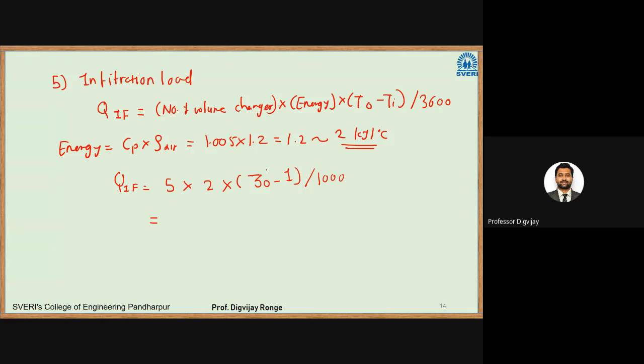So that will be 0.29. But one thing is remaining here. Yes, here we have to multiply by volume. So number of volume changes into volume. So this will give you in meter cube. I forgot to multiply by the volume. See here our dimensions are 6 into 5 into 4. So that will be 120, the volume of the cold room. So I have to multiply by 120.